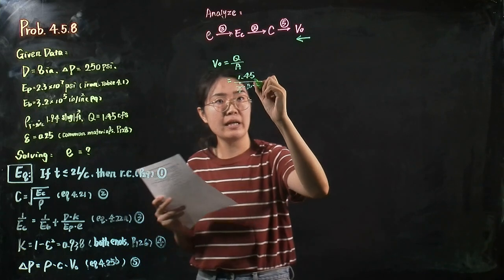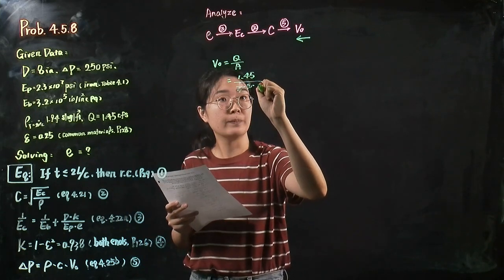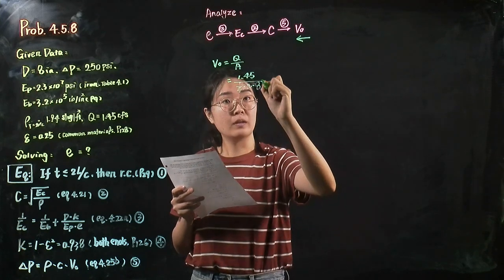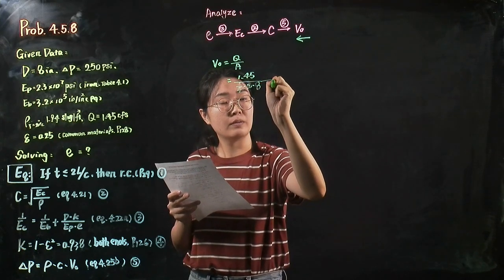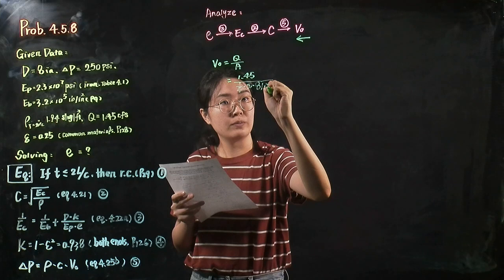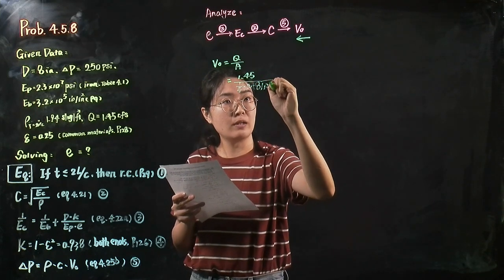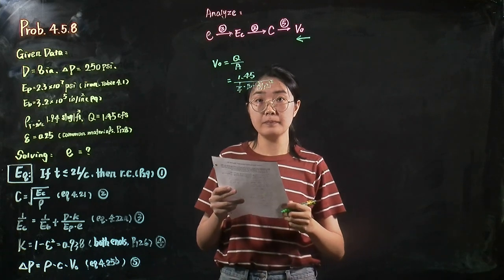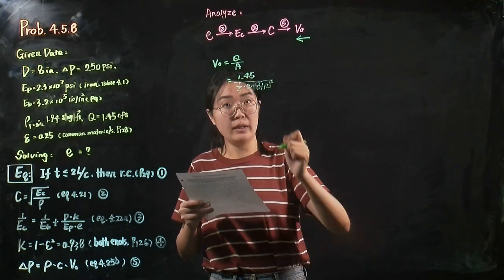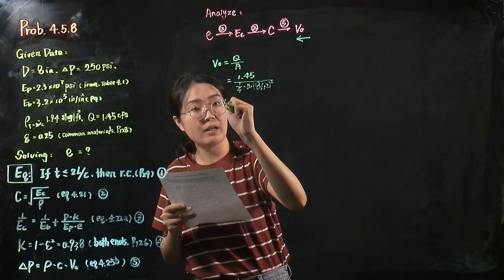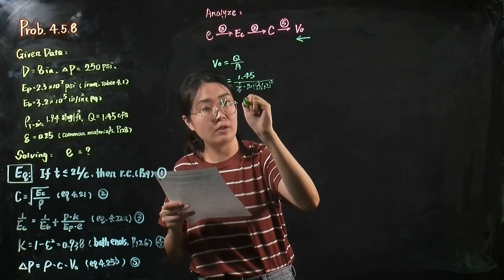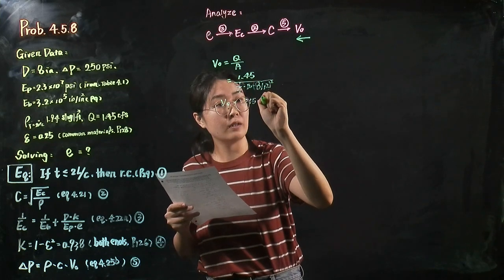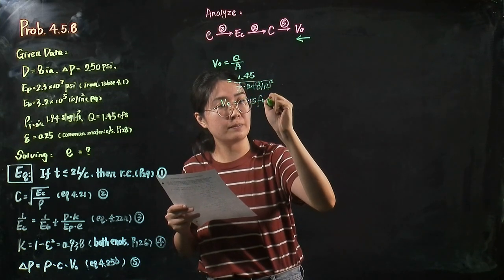D is 8 inches. So we need to divide by 12 because of the unit transformation. And we can get the velocity. It equals 4.15 feet per second.